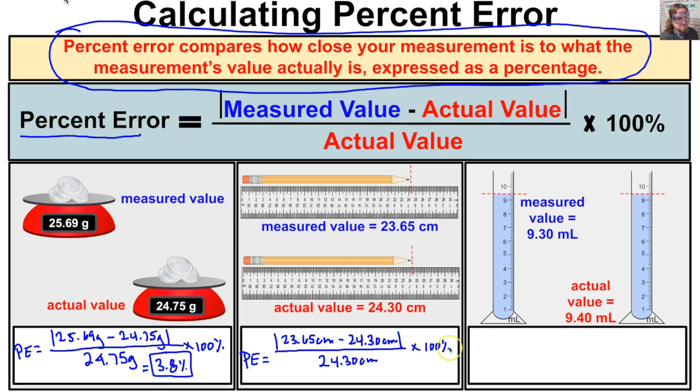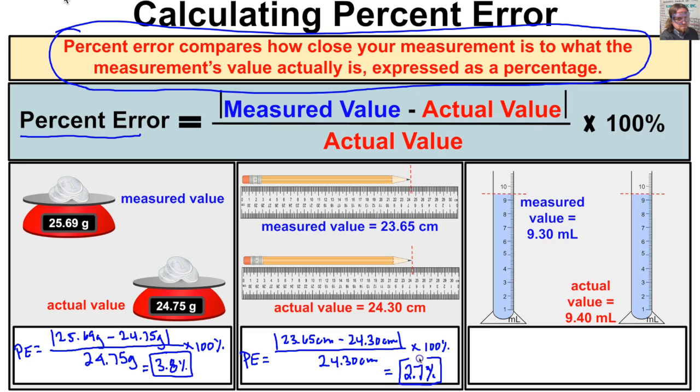And so when we put this in our calculator, when we take the absolute value of 23.65 minus 24.3, and then divide that by 24.30, and then multiply that by 100%, we will end up with 2.67, or approximately 2.7, a percent error of about 2.7%.